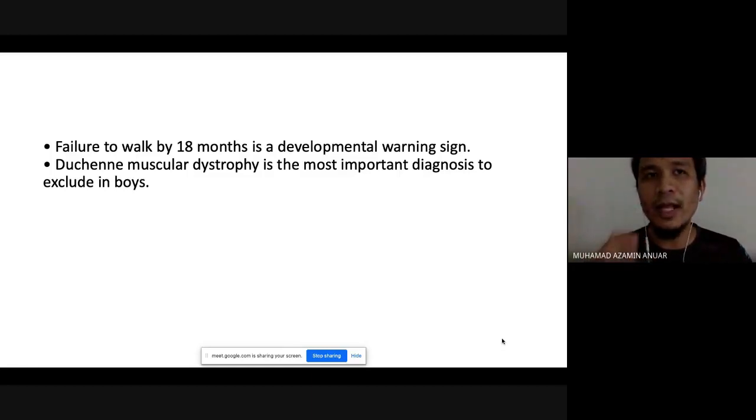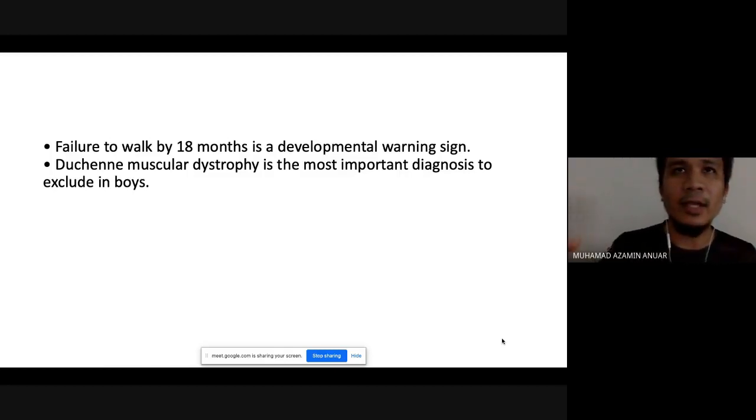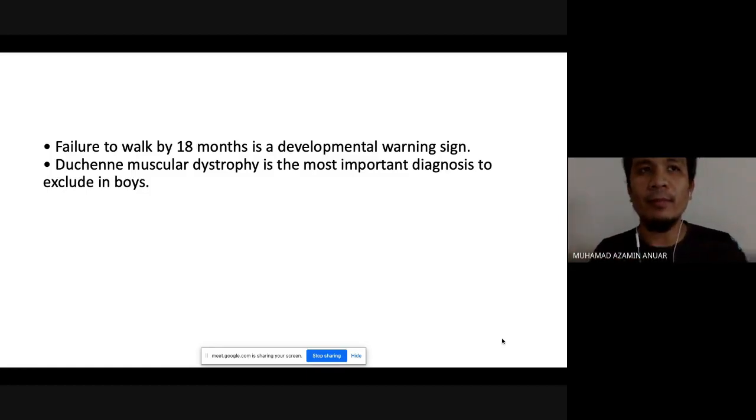So the steroid will help to maintain the muscle strength, and that will prolong the mobility, and sometimes it will also prolong the lung function. Because most of them basically die because of the immobility, the cardiomyopathy, and also poor lung compliance or poor lung function.